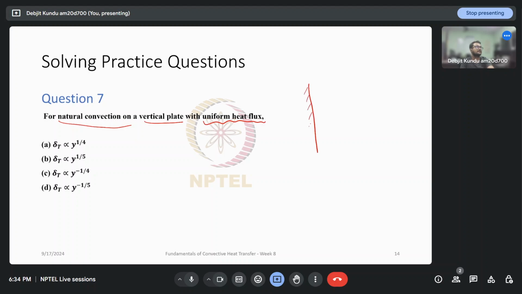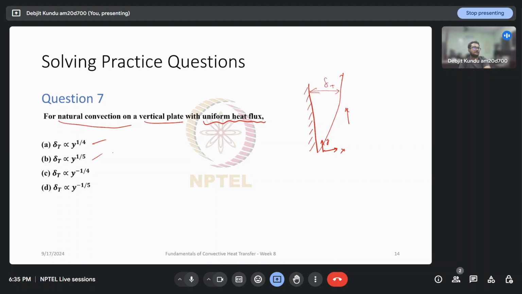So if I have a vertical plate like this, this is my y coordinate, this is my x coordinate. If a boundary layer develops like this, this is the thermal boundary layer, delta T. So how does delta T scale with this direction y? Does it scale as y to the power 1/4?